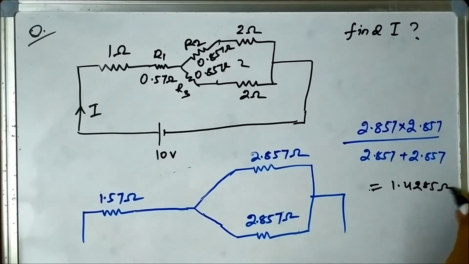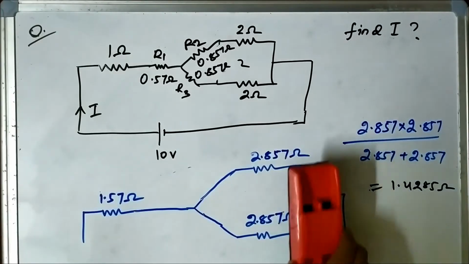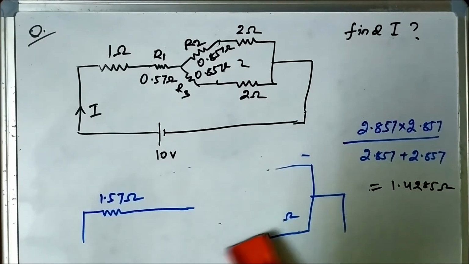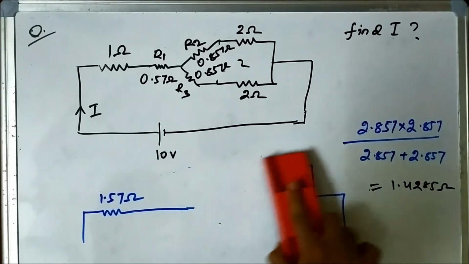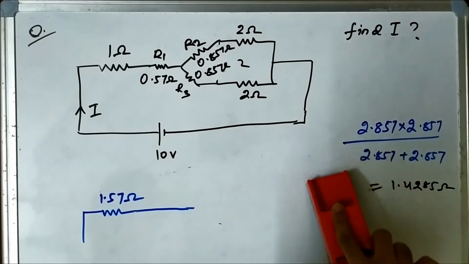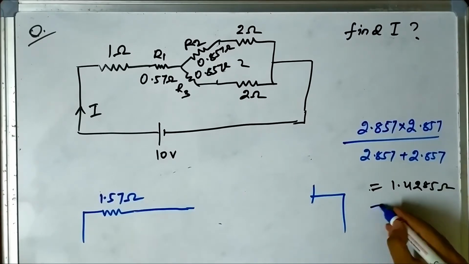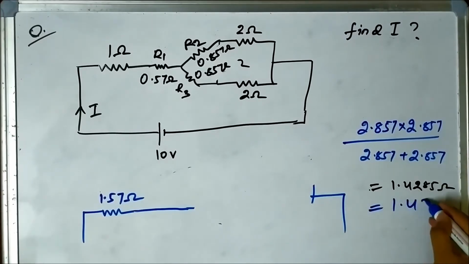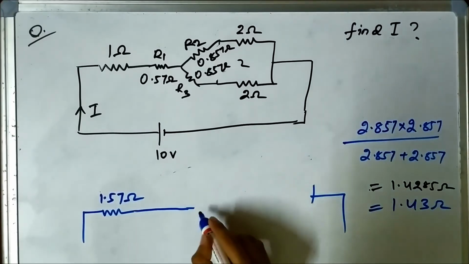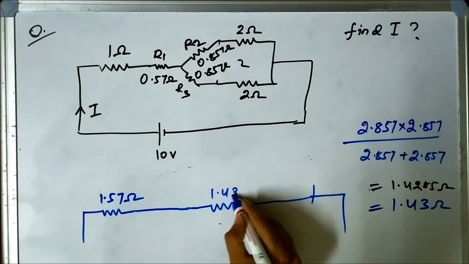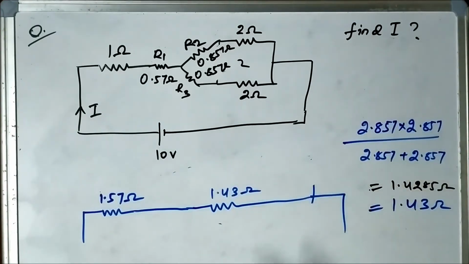So if we replace it with its equivalent resistance, it is nearly equal to 1.43 ohms, the equivalent resistance.